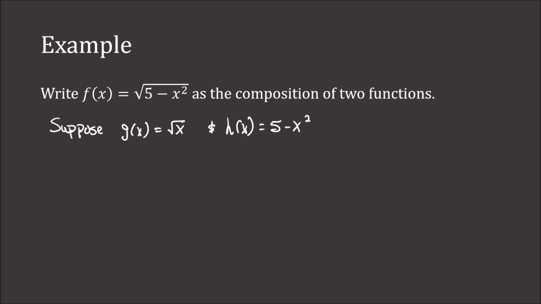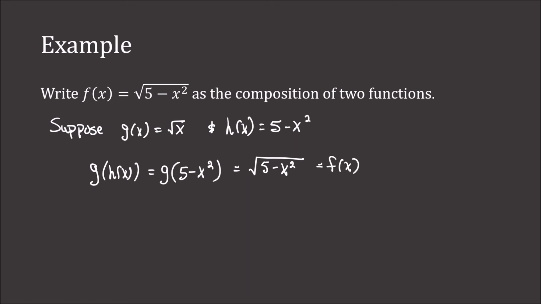Then notice that g of h of x is g of 5 minus x squared, which is the square root of 5 minus x squared, which was f of x. And so we now have our composition of two functions: g of x is square root of x, h of x is 5 minus x squared.